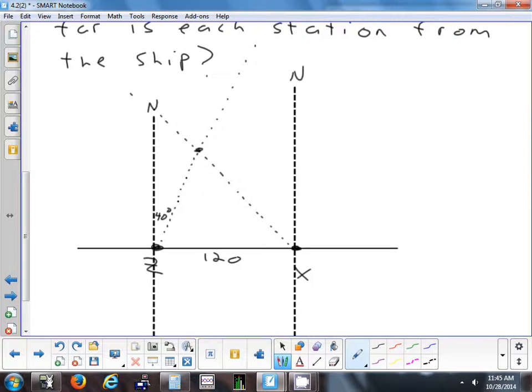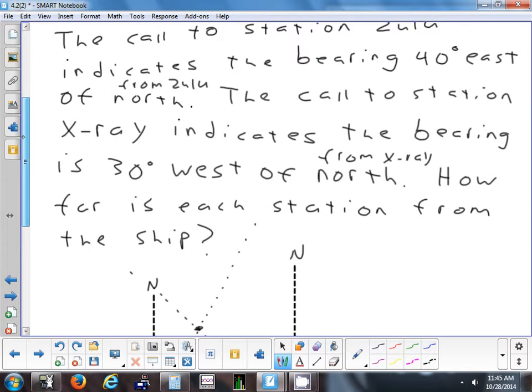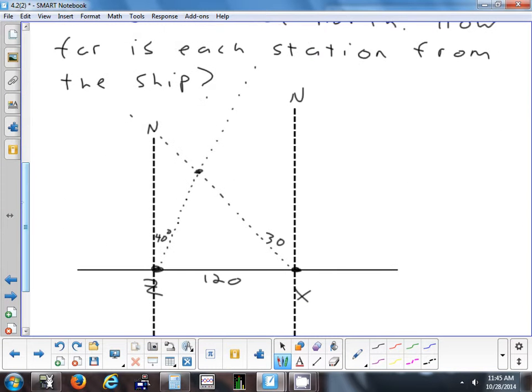And that station can pick up the signal, and what did we say, 30 degrees west of north. Okay, west means to the left. 30 degrees west of a line that's directly north. And now they know that they're somewhere on that line. But now that the two stations work together, they can figure out basically where those two dotted lines intersect, and that would be the relative position of the boat.